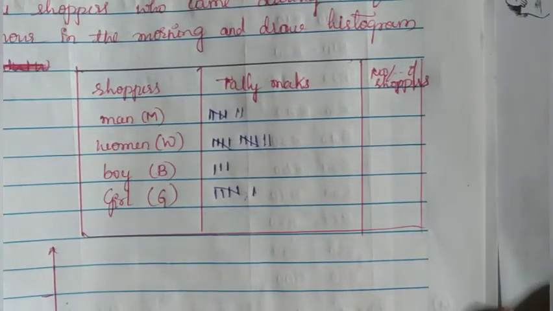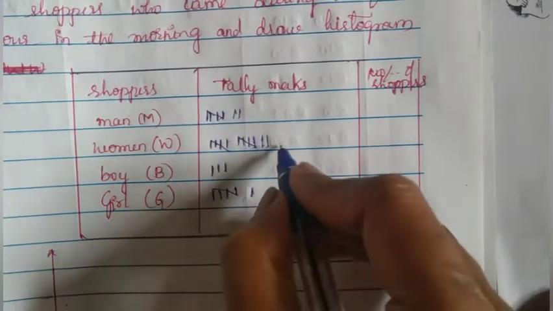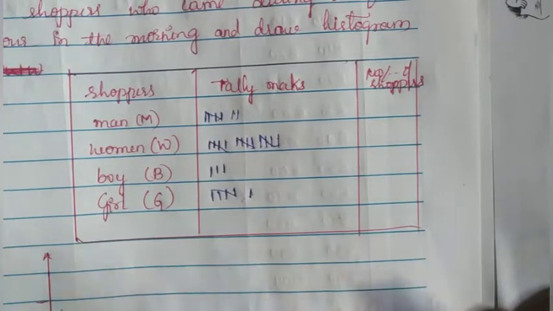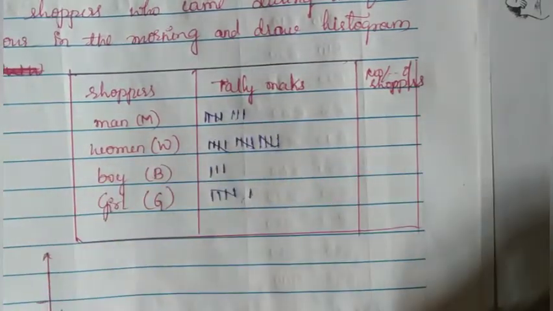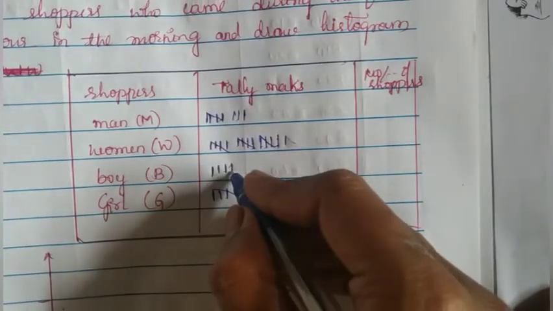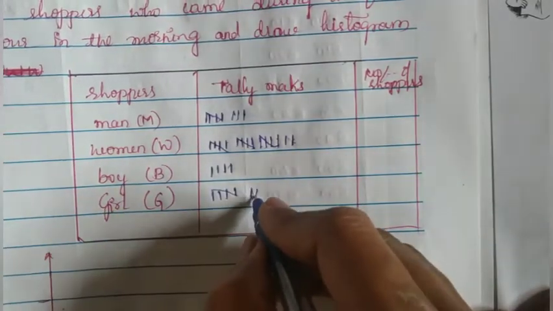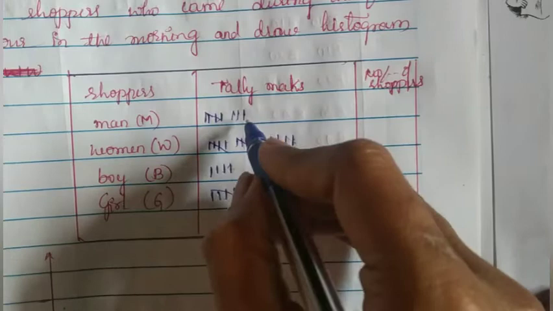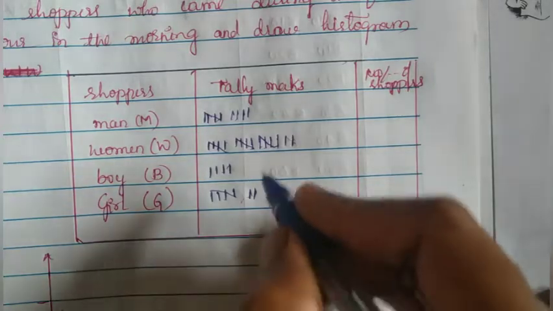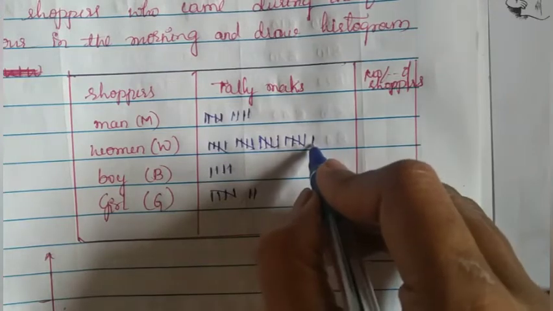Next, how many W's are there? 2 W's, with 1, totally 3 W's. After that, M. Next W. Next B. Next W. Next G. Next M. Next M. Next, how many W's are there? 1, 2, 3, 4. There are 4 W's.